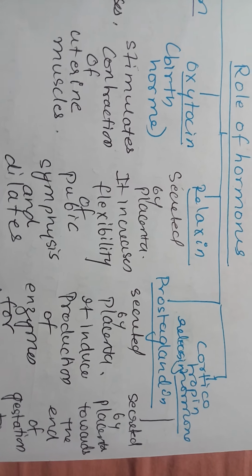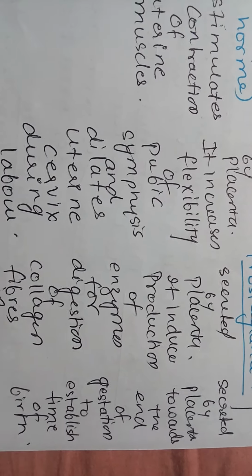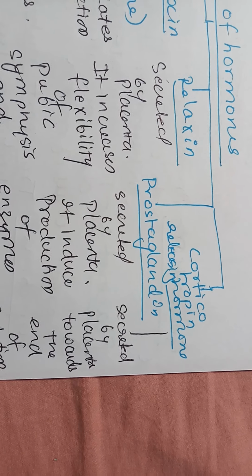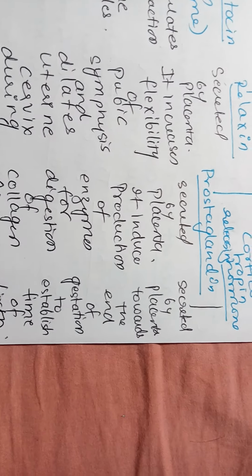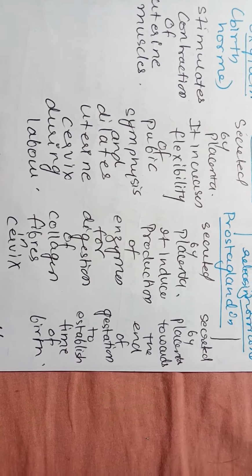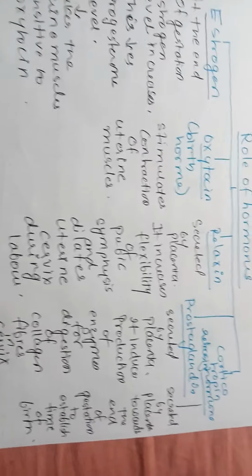Prostaglandin is secreted by the placenta and it induces production of enzymes for digestion of collagen fiber in the cervix. And corticotropin releasing hormone is secreted by the placenta toward the end of gestation to establish the time of birth. So different hormones actually regulate this process.